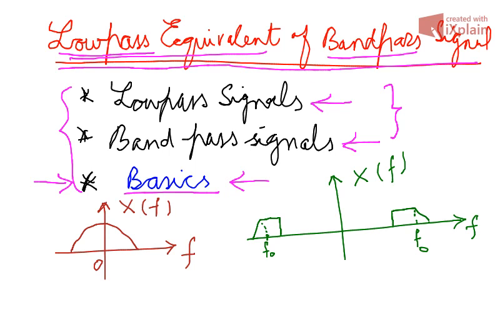So if you observe in this slide, there are two figures shown here. In this figure, it gives you X of f, right? It's the frequency response of a signal, and this solid line shows the magnitude response of the signal, or we say the amplitude spectrum.